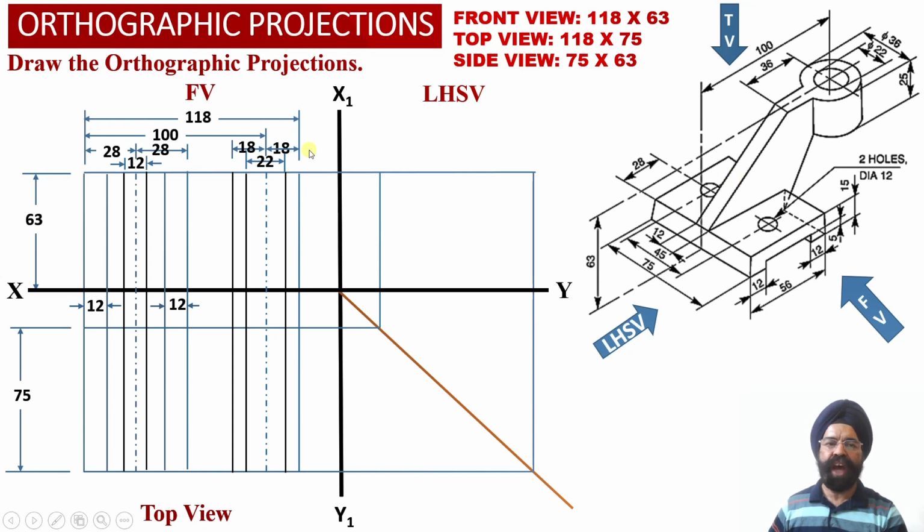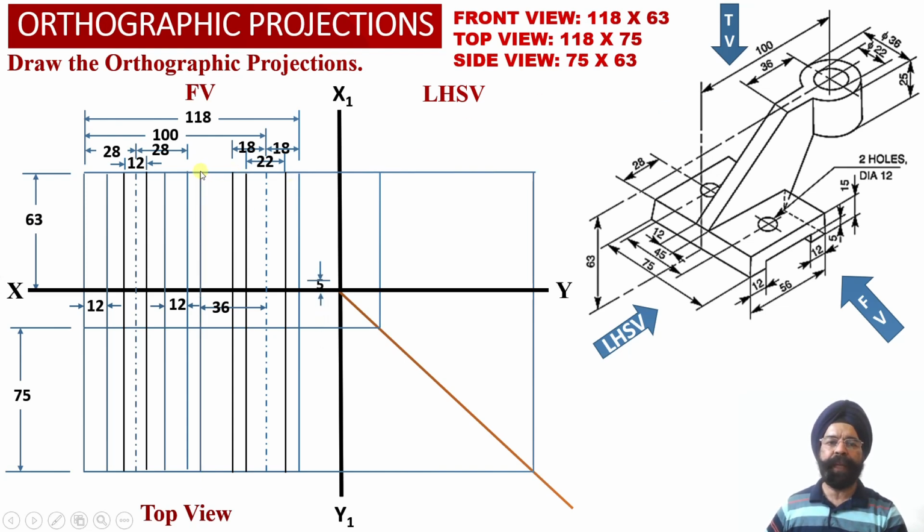So from this center point, we take a distance of 36 millimeter towards the left hand side face of the solid, and the junction point between the flat surface and the inclined surface will be determined over here.